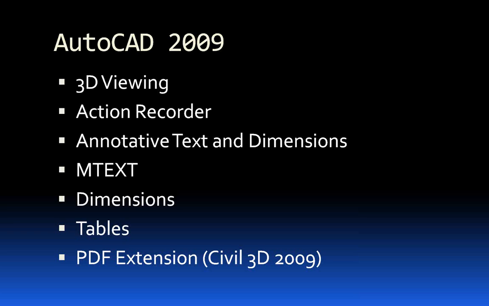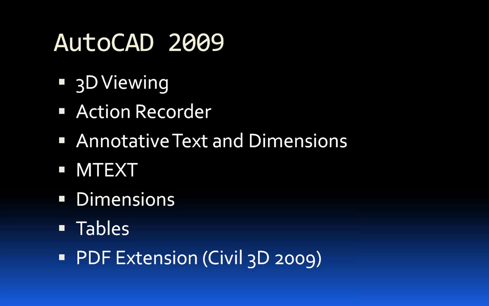We'll look at some of the new functionality of the mText entities in AutoCAD 2009. We'll look at a couple of the enhancements to dimensions and some of the enhancements to tables. And then, if I have time today in my eagerness to show you everything, we'll look at the new PDF extension, which is in Civil 3D 2009.